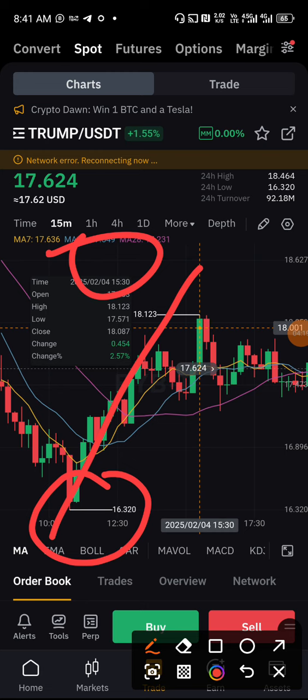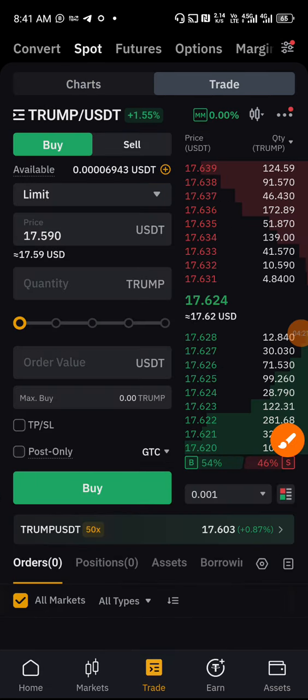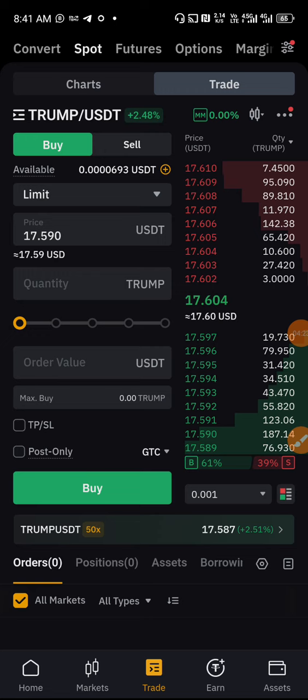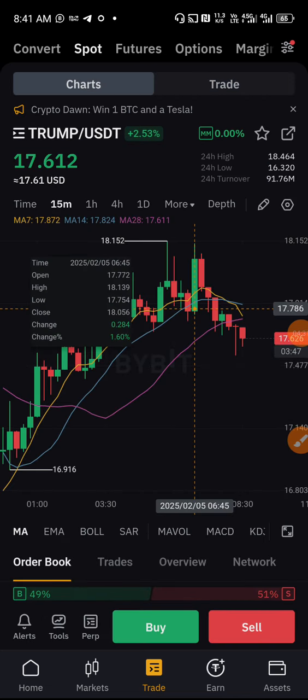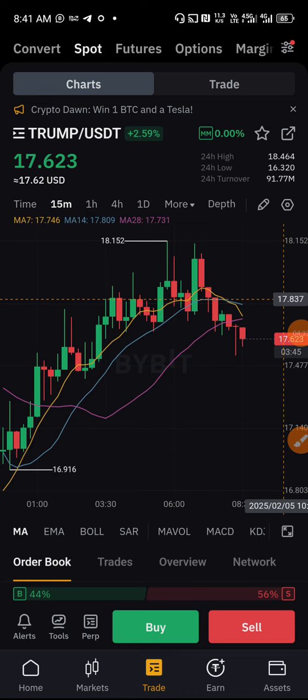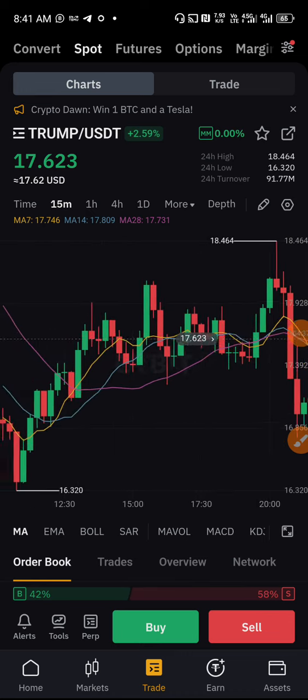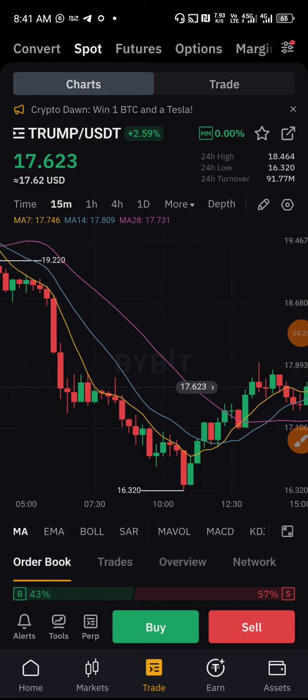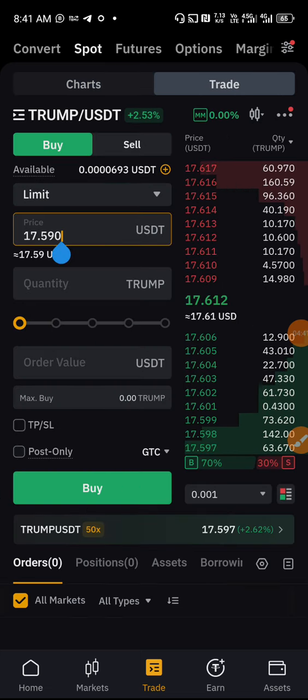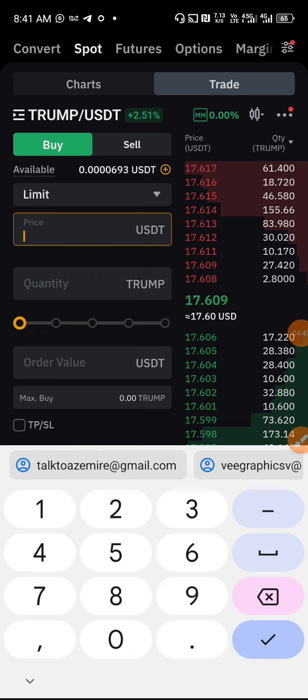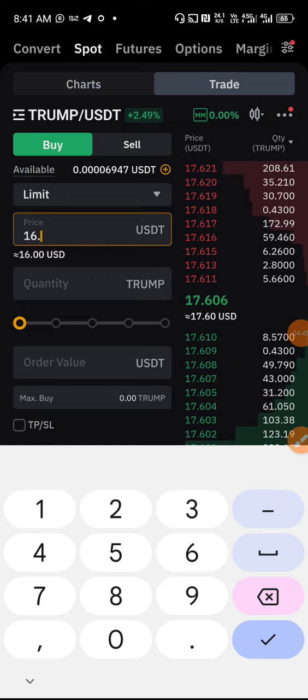Let's go to the trade. Let's assume that you bought this when it was 16.3. One thing you must understand is that if you're trading much, you will get a lot of profit.